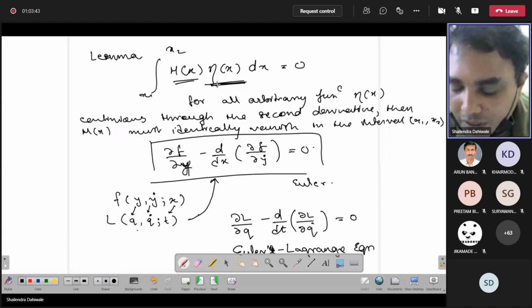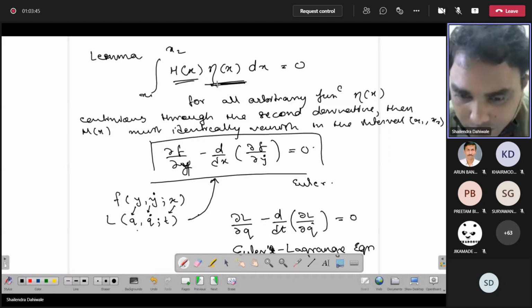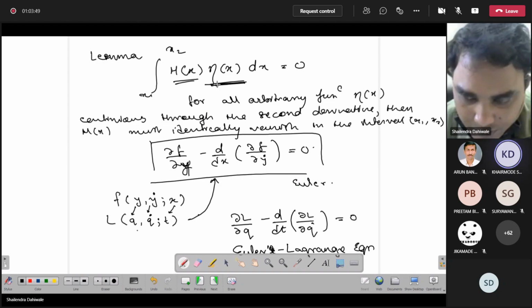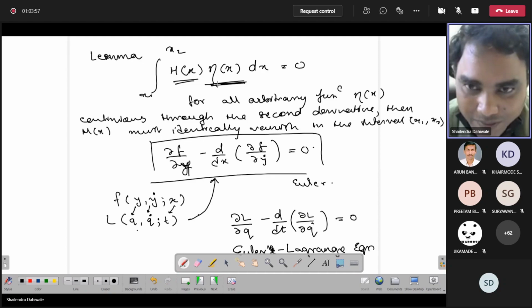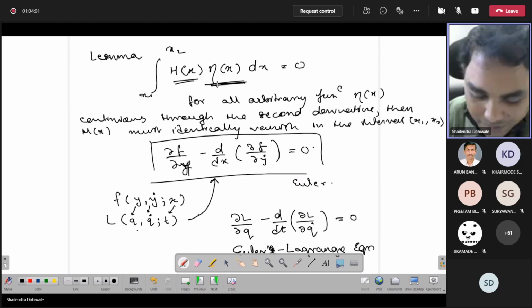They should be independently equal to 0. But it can be possible that any one of them will be 0? No. That is the basic lemma. Okay, sir.